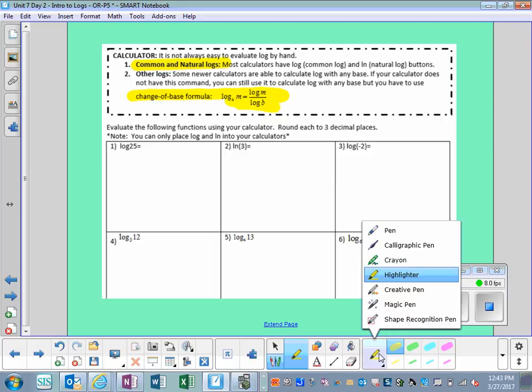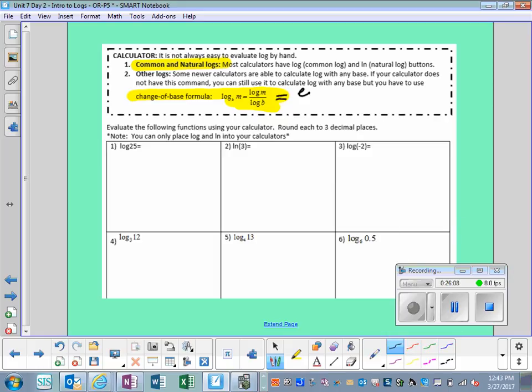It's the same as ln m over ln b. So we are changing the base of the log, and instead of a single log you have a division of two logs. The base is the same, either 10 or e, and the arguments are your m and b. So let's practice.